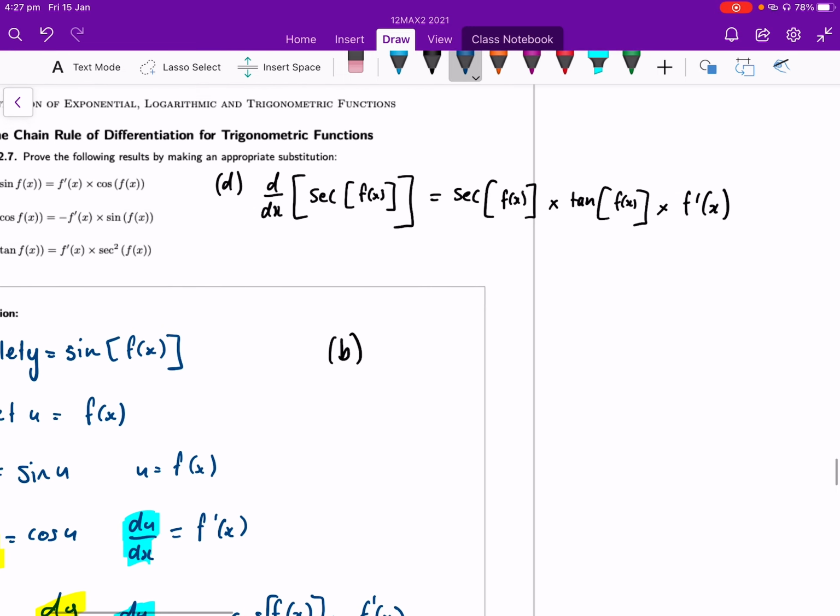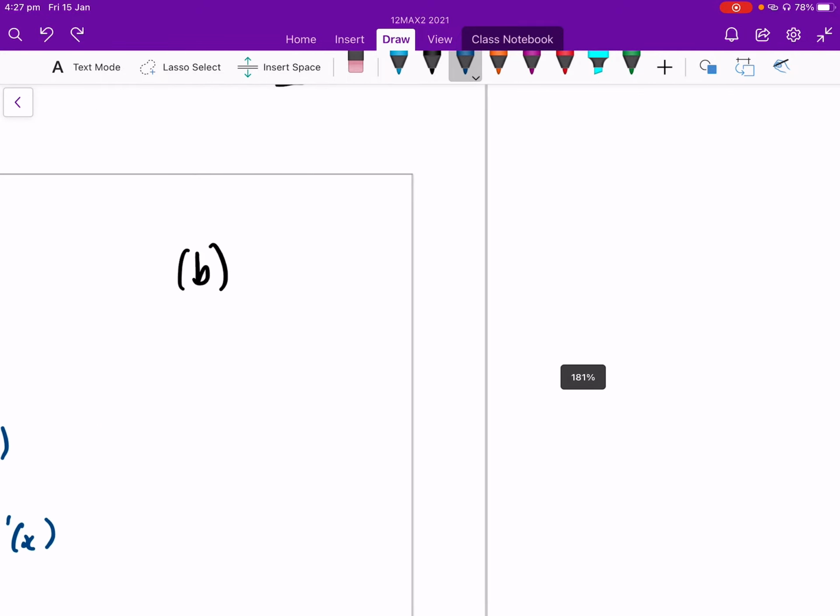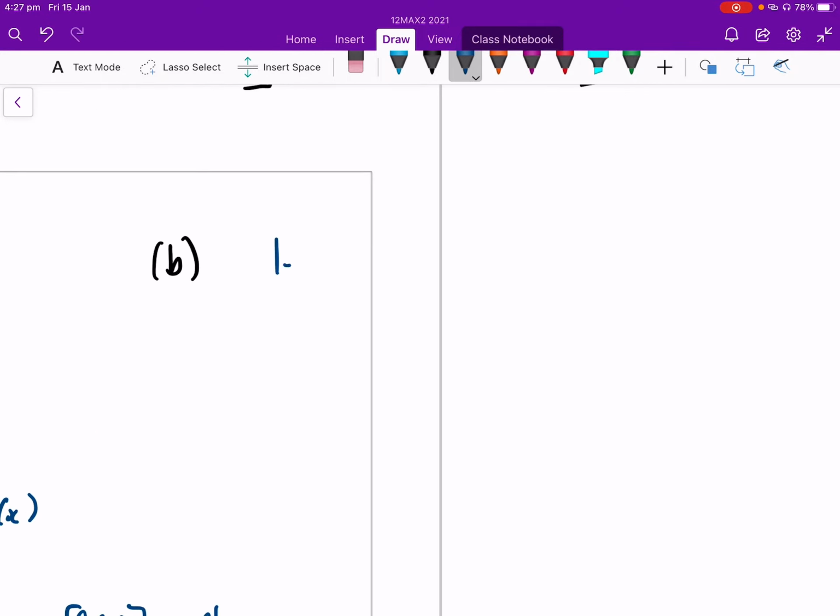The second one, so we're dealing with cos of f of x, and we need to show that it's going to be negative f', the first derivative, multiplied by sine f of x. Okay, so let's see if this works again. So I'm going to let y equal to cos and then a function of x. Here, let u equal this function of x.